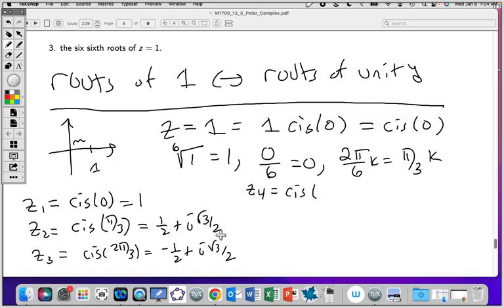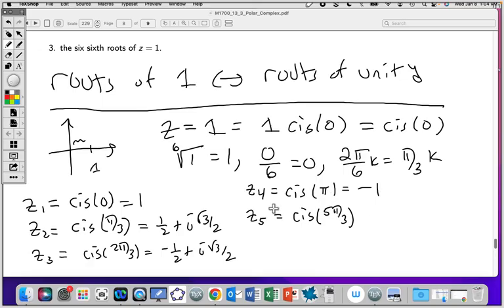Z4 would be cis 3 pi over 3, because you're adding another pi over 3. That's at pi. Cis pi is cosine of pi plus i sine pi. Now you're at negative 1. Z5 would be cis 5 pi over 3.